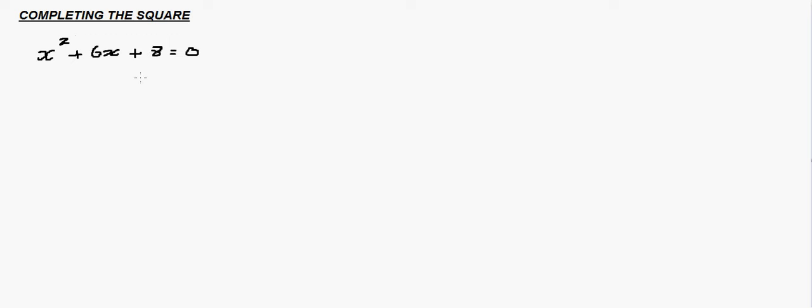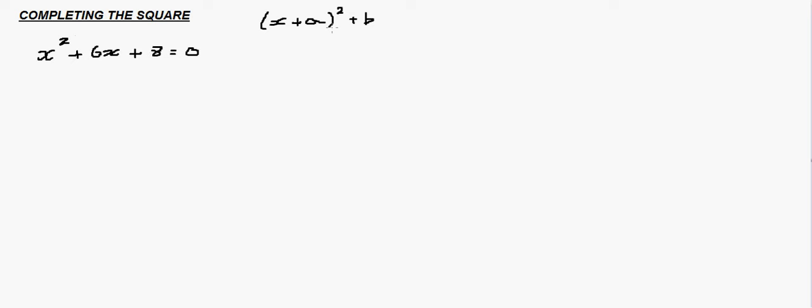Now in the exam, particularly on AQA, they very, very rarely use the words completing the square. Usually they'll say put this equation in the form of x plus a all squared plus b.